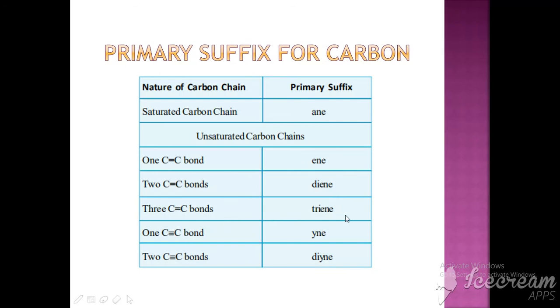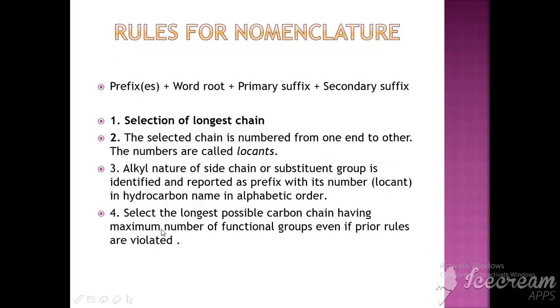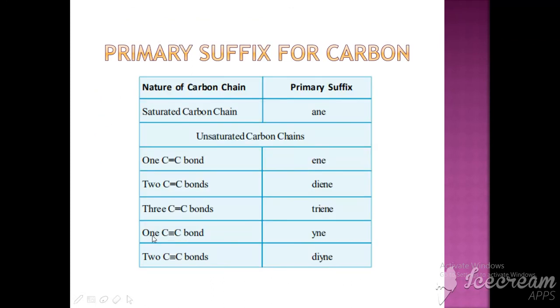For 1 there is nothing over here, but for 2 we write di. Sorry for the misconception. For 3 we write tri. Similarly, in the case of a triple bond we write yne, and for 2 triple bonds it is known as diyne. So let us go next.